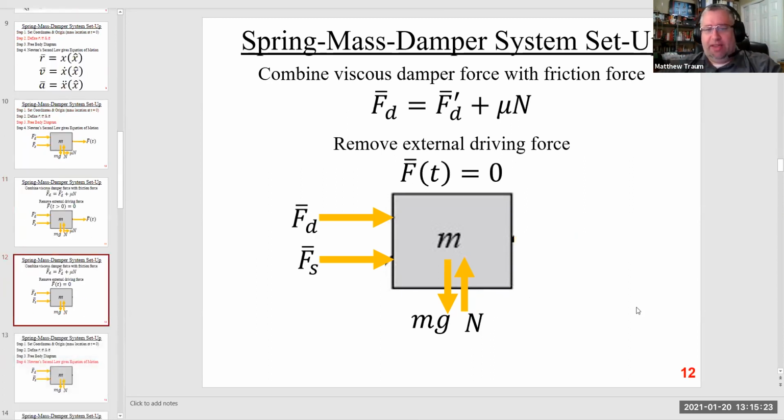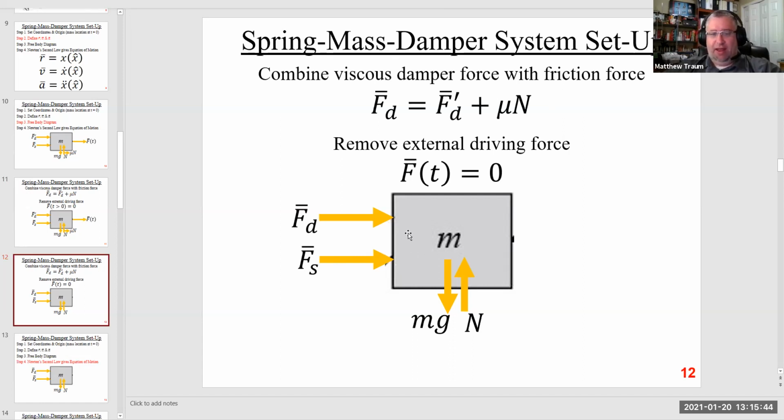So with those simplifications, I get this. I've got the force of the damper, and I've dropped the prime because I've added the damper force and the friction force together. The spring force and the damper force always operate in the same direction.